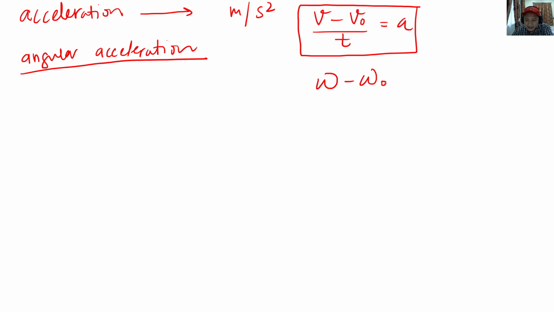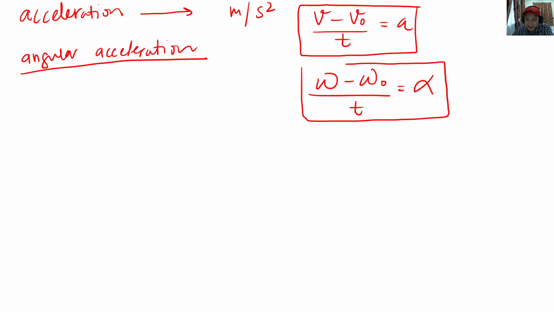Omega minus omega naught divided by time is equal to alpha. The previous unit used to be meter per second squared. The current unit, for angular, will be radian per second squared.